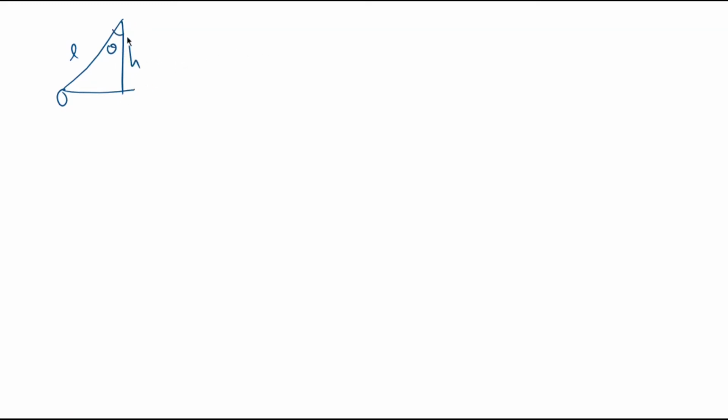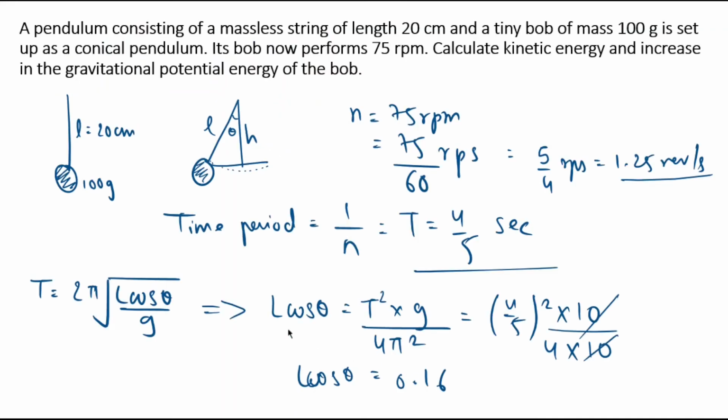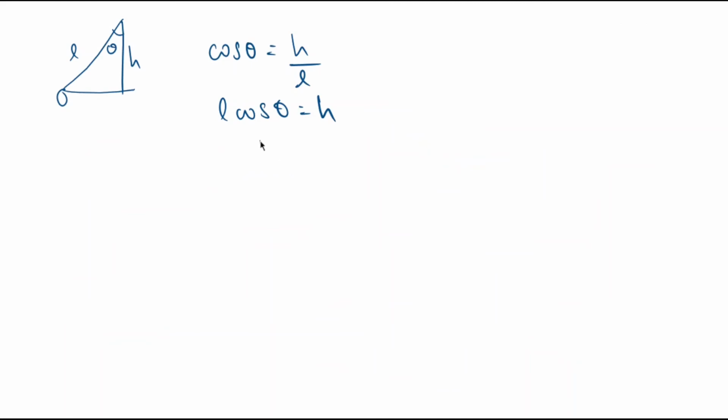So if you take cos theta, it will be equal to adjacent upon hypotenuse, that is h upon L. So L cos theta will be equal to h. L cos theta we got as 0.16, so h will be how much? 0.16 meters. Correct?